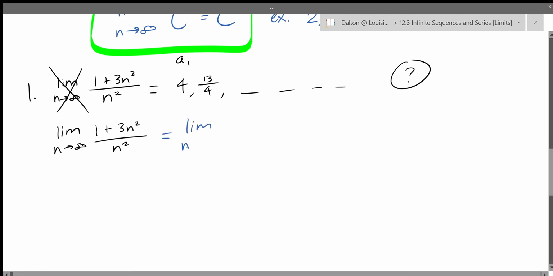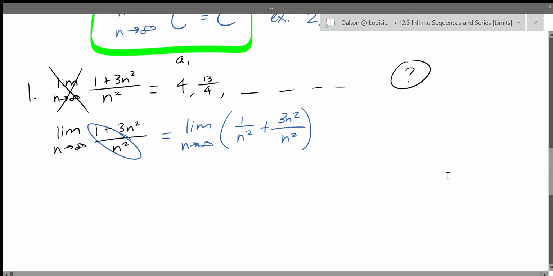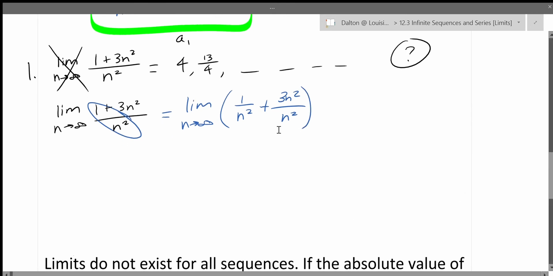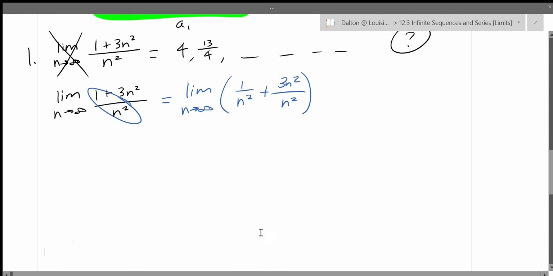The limit as n approaches infinity, if I can rewrite this fraction into two fractions, 1 over n squared plus 3n squared over n squared. And then you're going to start using your theorems, which allow you to break up the limit when you add two different numbers. Okay, so let's simplify a little bit first.